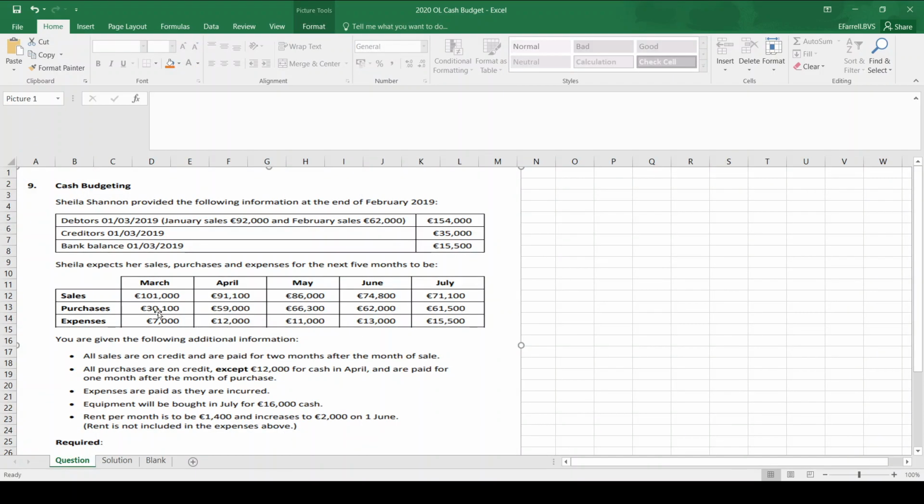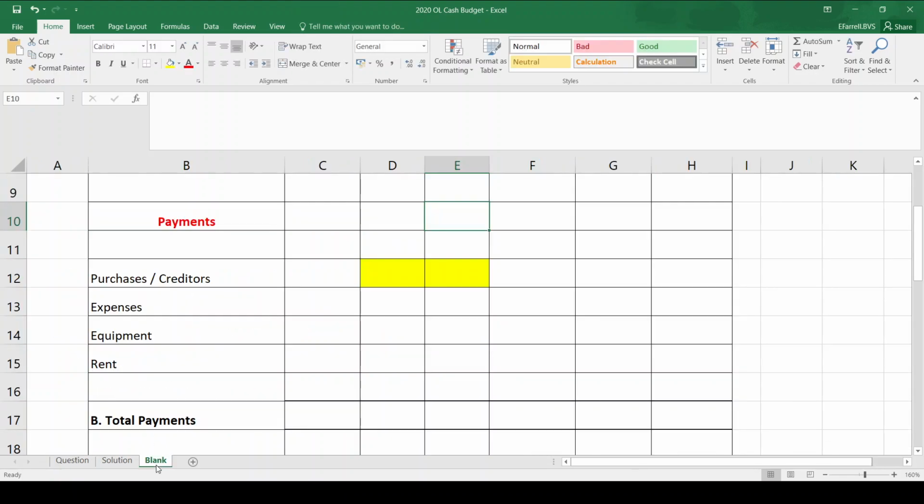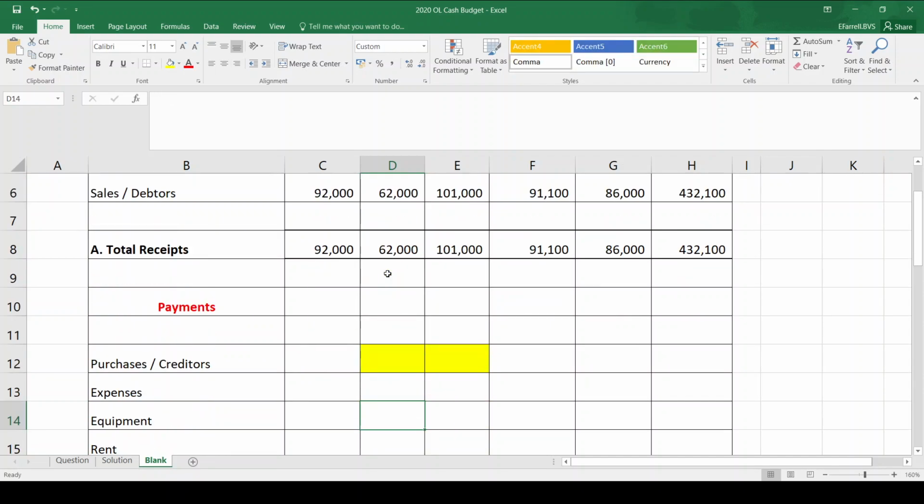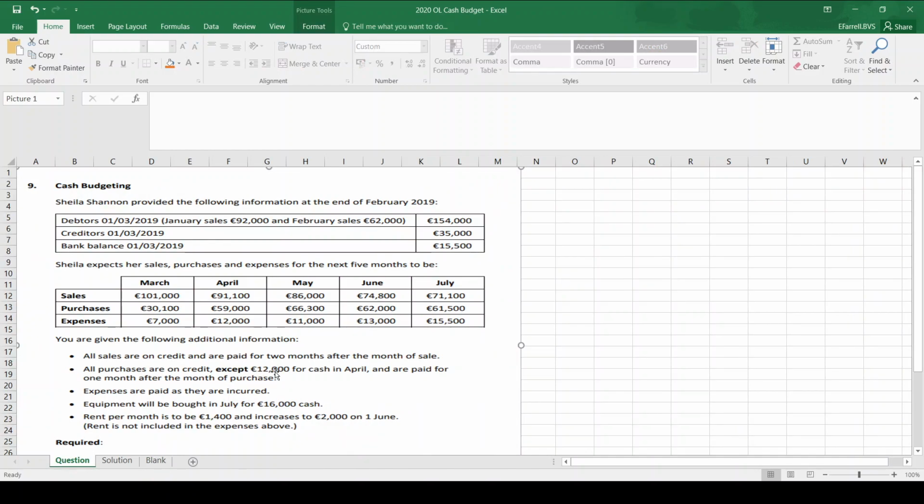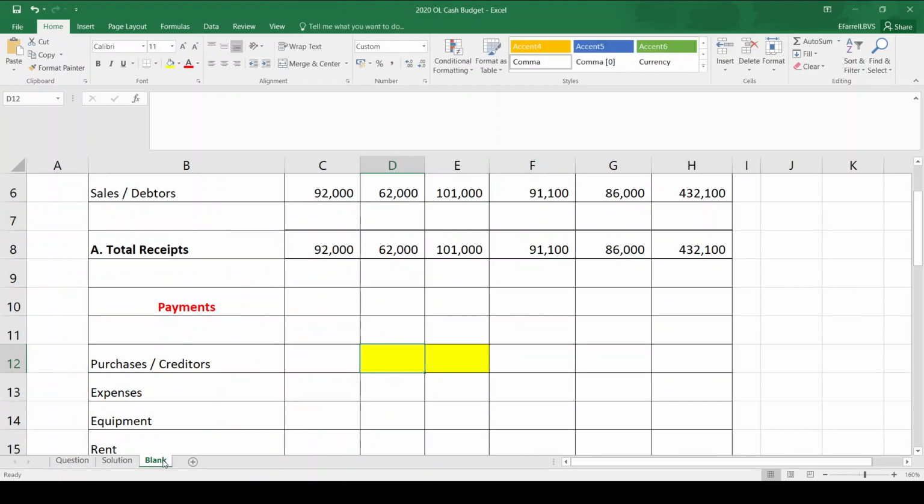So my March purchases, I will pay for in April. The March purchases of 30,100 I will pay for in April. But again, there was a cash purchase in April of 12,000. So in April, I'm going to pay for my March purchases of 30,100 plus the 12,000 cash.